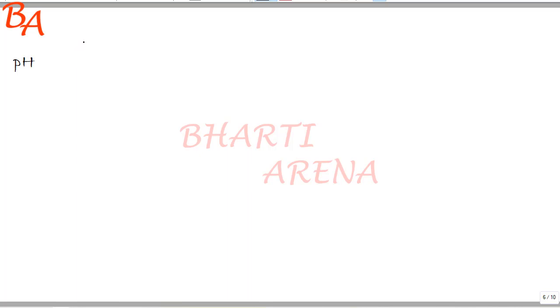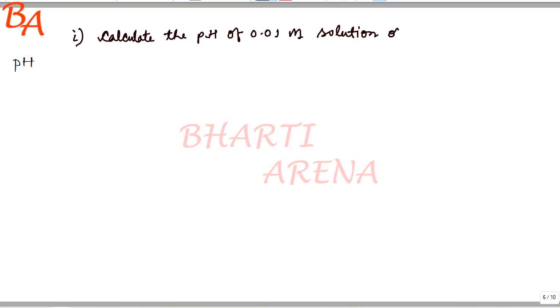First one, what we are going to see here, calculate the pH of 0.01 molar solution of HCl.